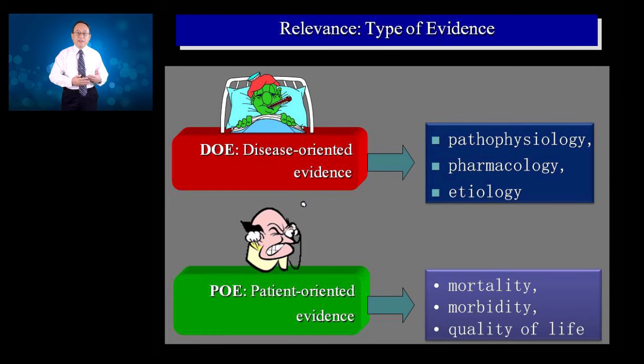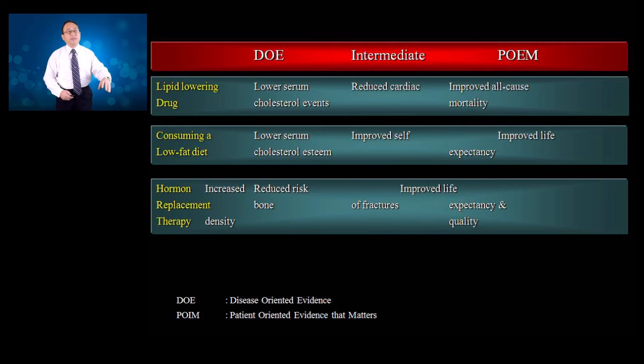If the price of the medicine is very high, will it be reducing the risk of mortality or morbidity of the patients? This is some of the example of DOE and patients-oriented evidence that matters.